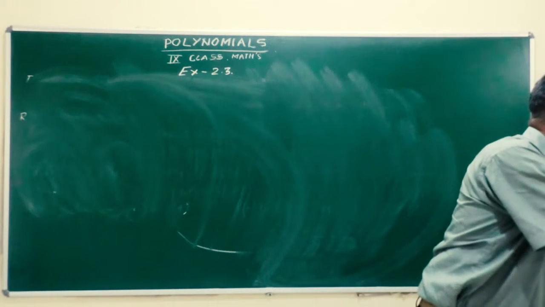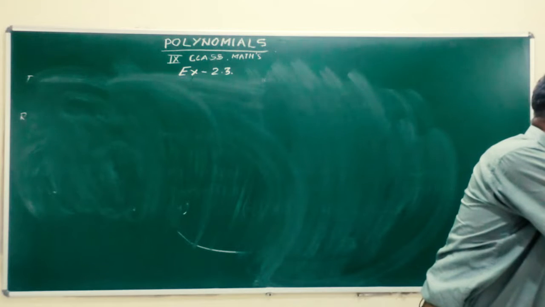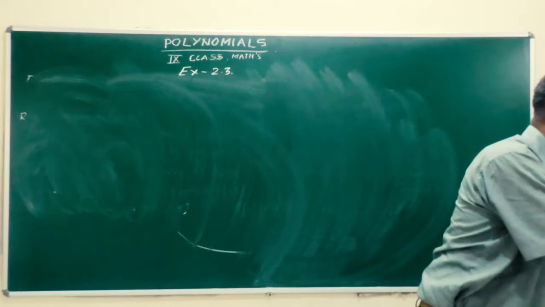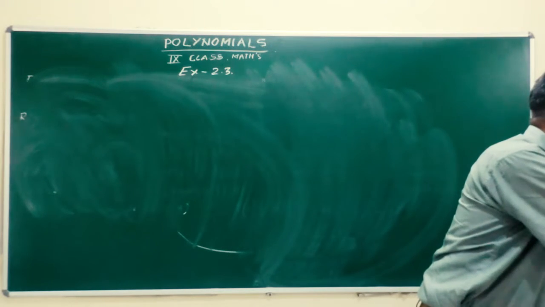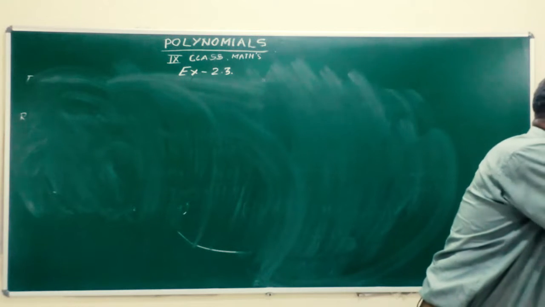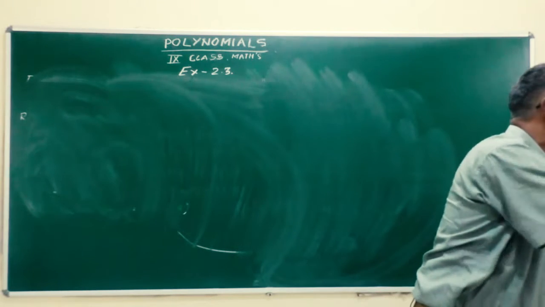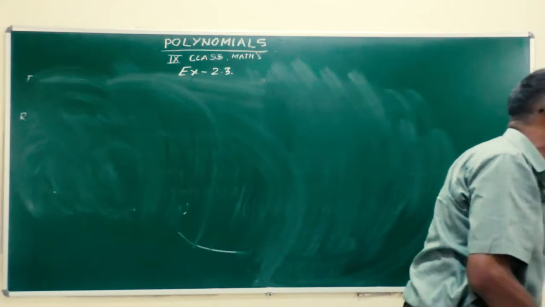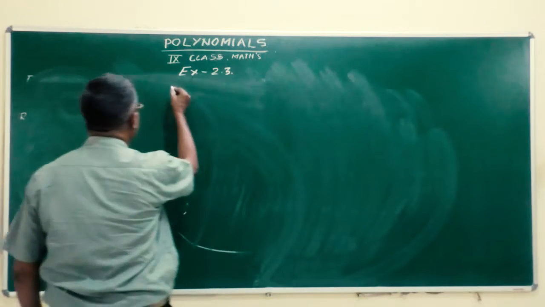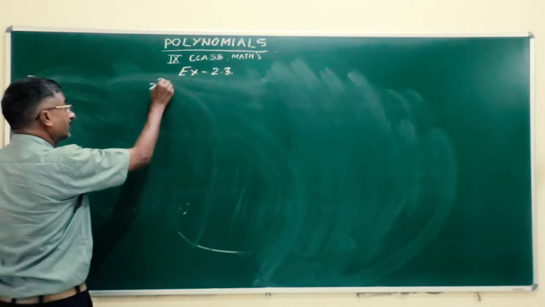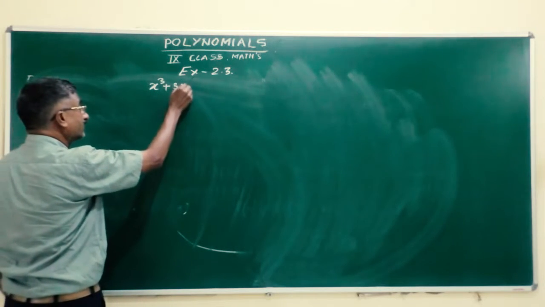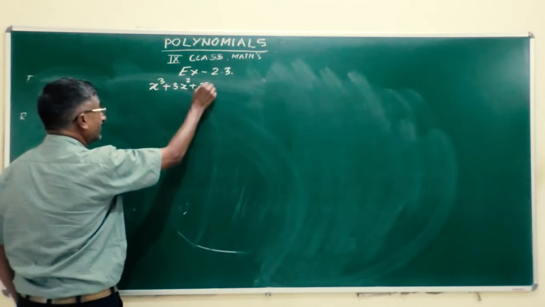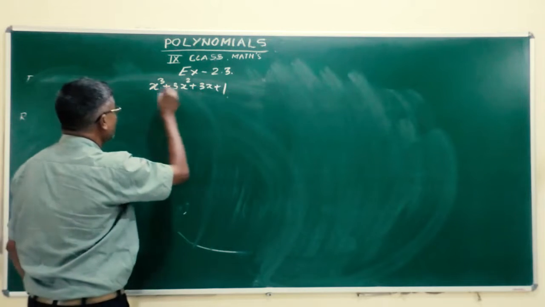Okay, there is one more example, so we can solve 2.3. Find the remainder when x cube plus 3x square plus 3x plus 1 is divided by x plus 1.